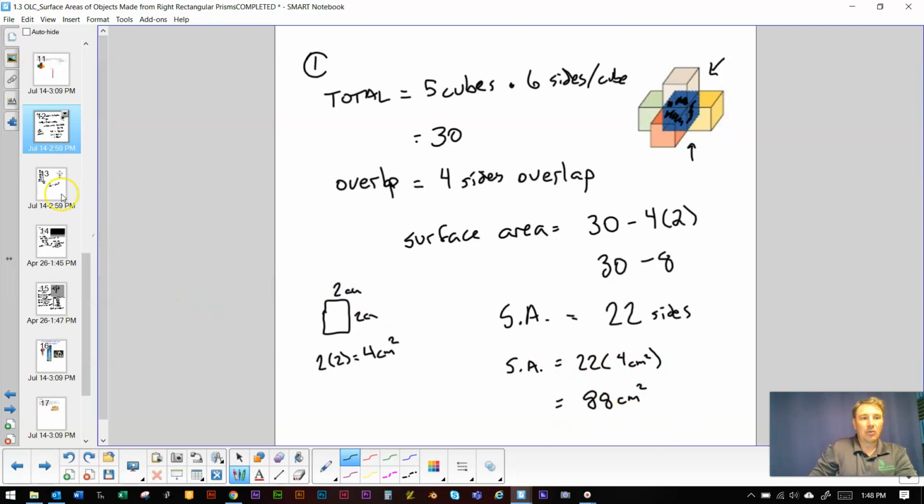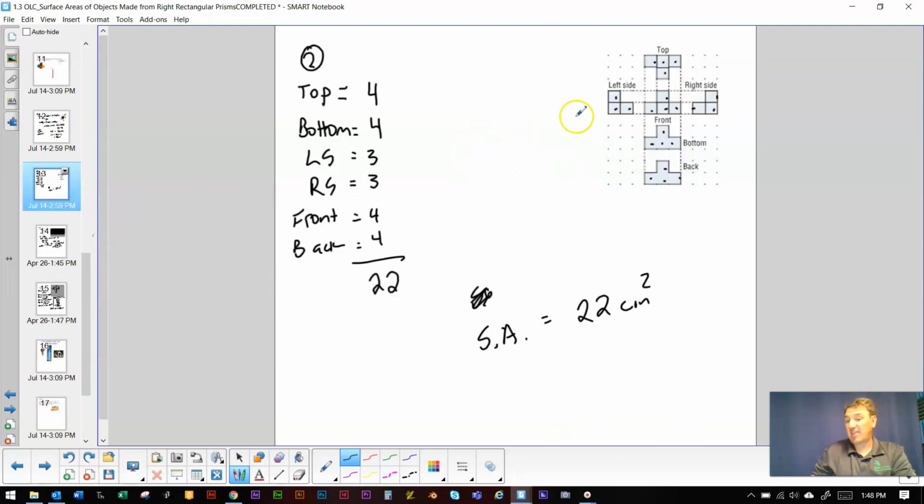And when we did the second part of the question, which was the same object, it was the same problem. So at the end here, this is really 22 sides total. And then for our surface area, it's actually 22 sides times 4 centimeters squared per side equals the same 88 centimeters squared.